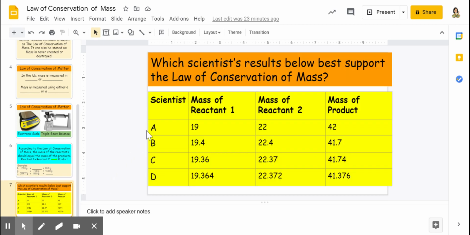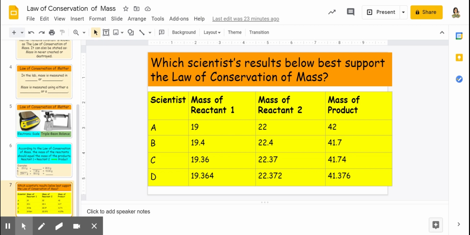And then finally here: which scientist's results below best support the law of conservation of mass? What you need to do now is to just add reactant 1 and reactant 2. It should be equal to the mass of the product. I'll give you time to do that. A little bit of wait time here. Use your calculator, or you can just do the computation in your head.